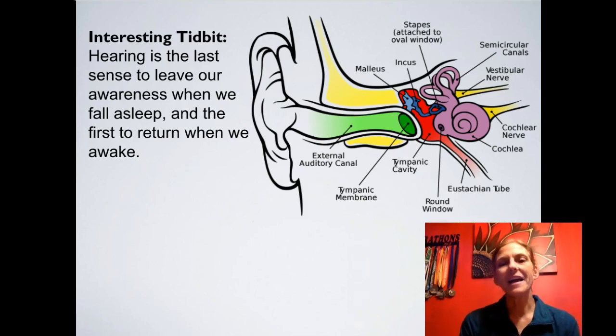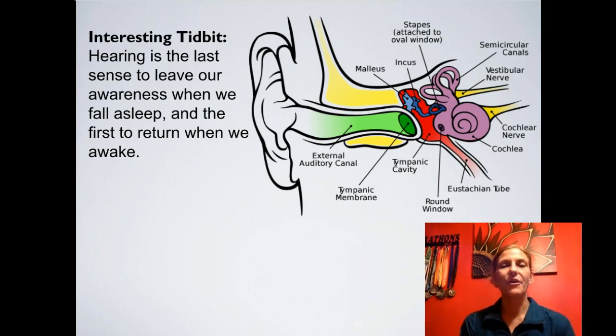So we're almost done. I just wanted to leave you with an interesting tidbit. Hearing is the last sense that we lose when we fall asleep. So when I was in school, I would tape myself reading my textbook or reading my notes or going through study sheets, and I would play that as I fall asleep. Which could be helpful or not, I'm not sure, but I thought it was.